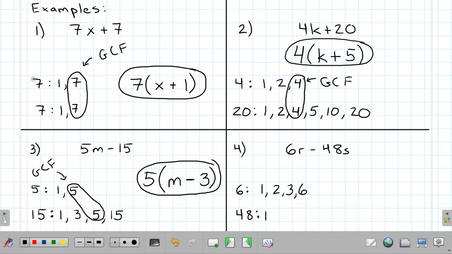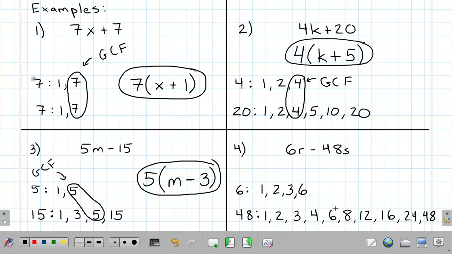Factors of 48: 1, 2, 3 is actually a factor of 48. 4 is actually a factor of 48. 6 is a factor of 48. 8 is a factor of 48. Then 12, then 16, then 24, then 48 itself. So you can see 1, 2, 3, 4, 5, 6, 7, 8, 9, 10 different factors for the number 48.